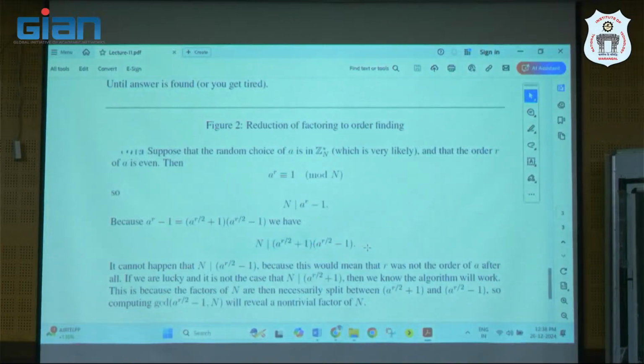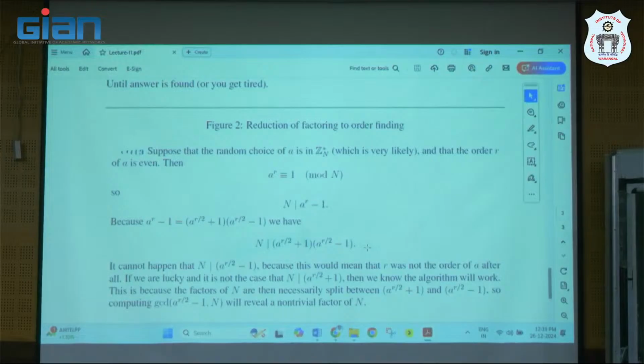N is dividing this product, but N is not dividing either of them individually. That means N must have factors that are going here and here. You understand? N is dividing the product, but N is not separately dividing this and this. That means factors of N are distributing.